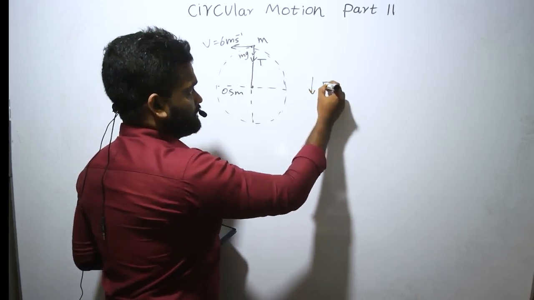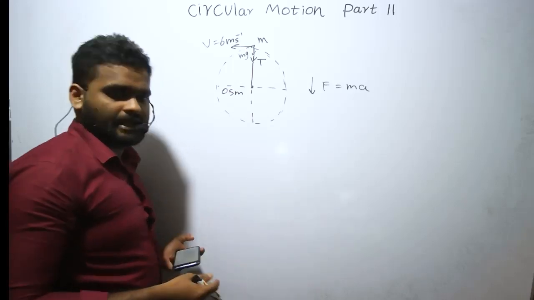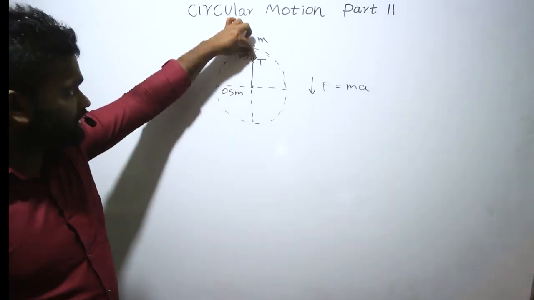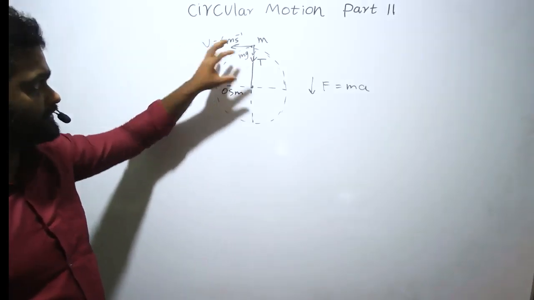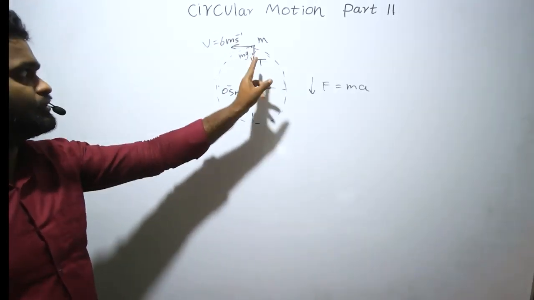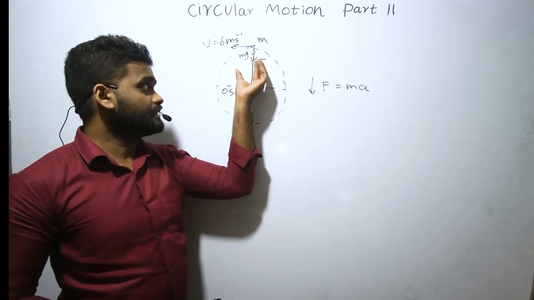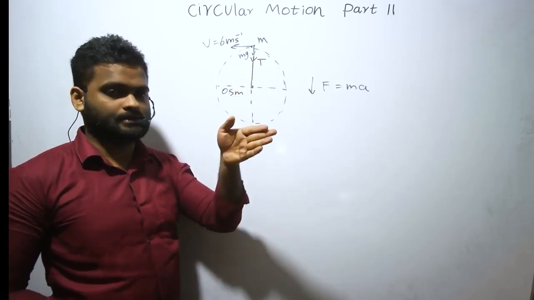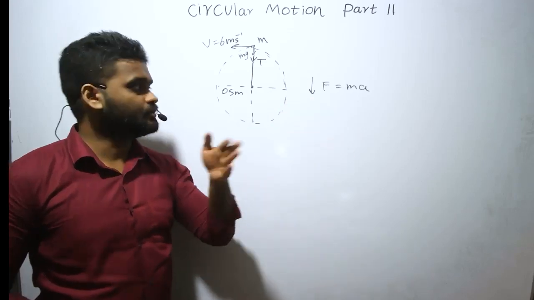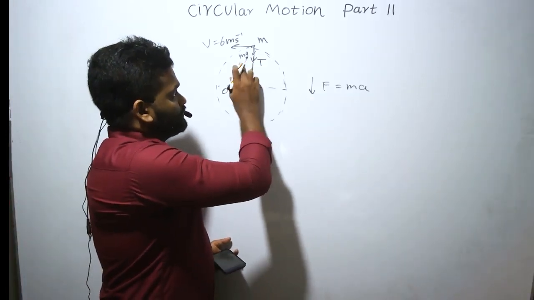So just apply F equals ma downwards. We are doing the same thing, like towards the center, I'm applying F equals ma. Since it's a vertical circular motion, you need to understand how these forces are written. So these are the two forces.